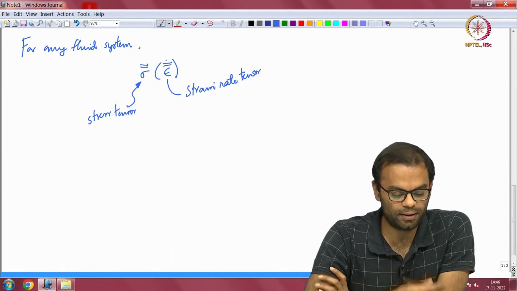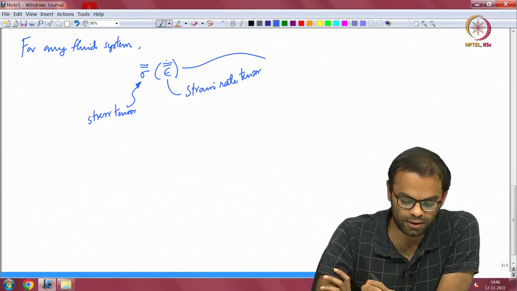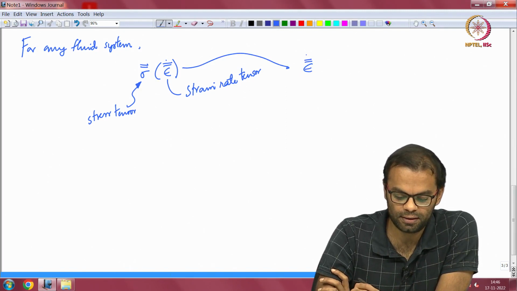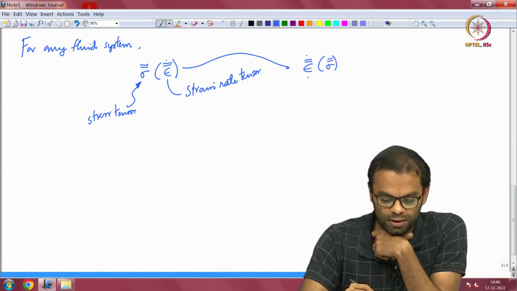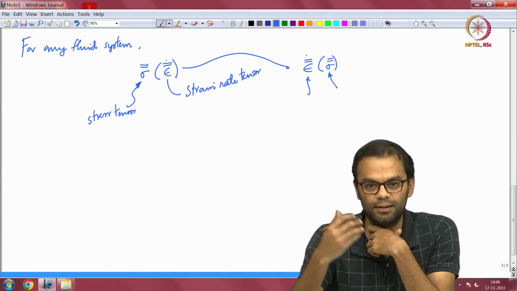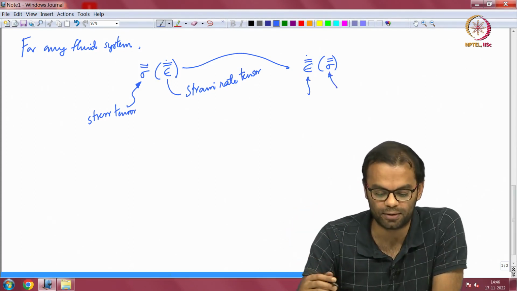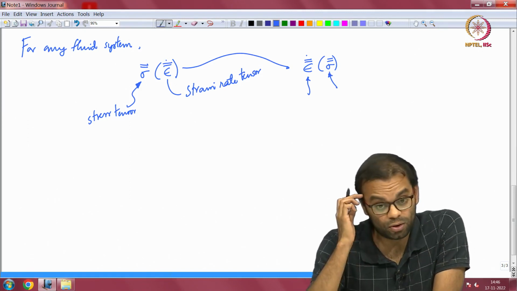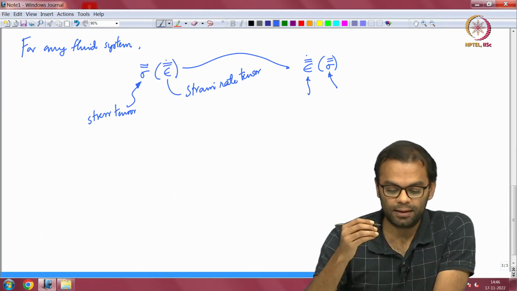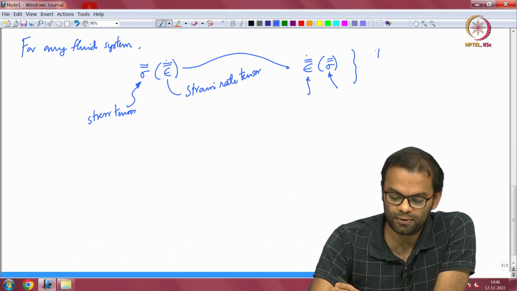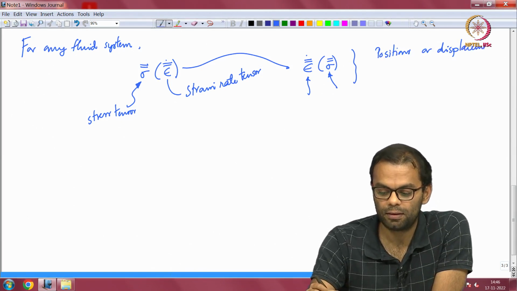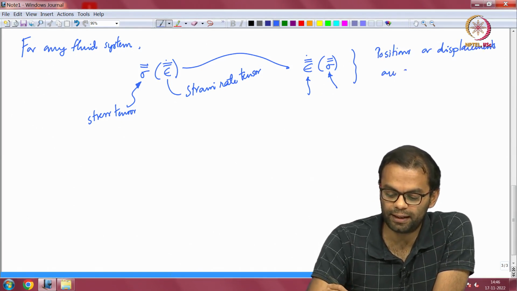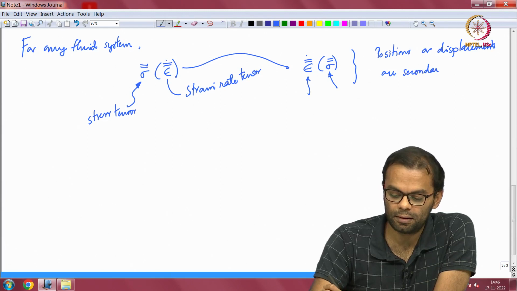Basically the fluid flows, or you could also think of this as analogous to this, okay. So, the fluid flows in response to an applied stress, shear stress, boundary velocity, pressure gradient and so on, okay. So, the idea of positions or displacements are secondary, okay.